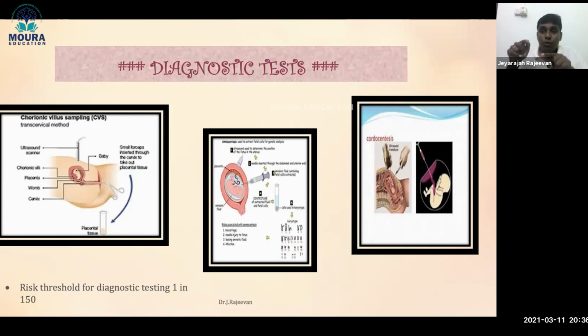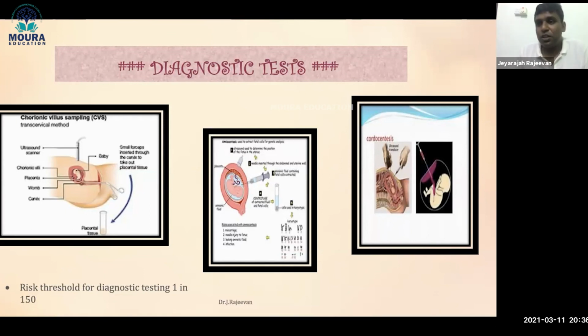But if you want to collect the fetal blood, the baby has to grow and the umbilical cord should develop, then only you can collect the blood from the cord. So chordocentesis can be done after 20 weeks, around 18 to 20 weeks, maybe after 20 weeks. So it can't be done in early POA.